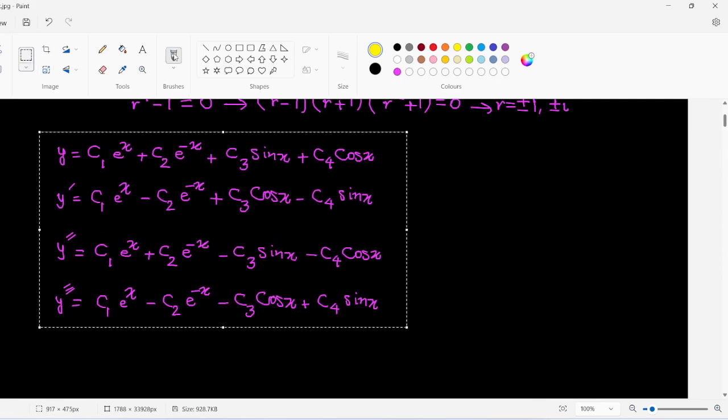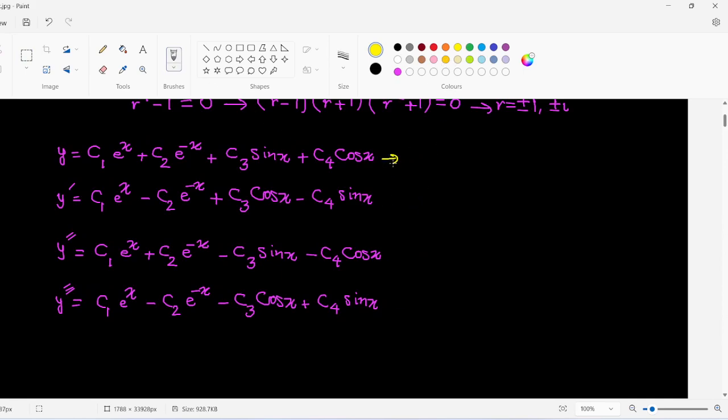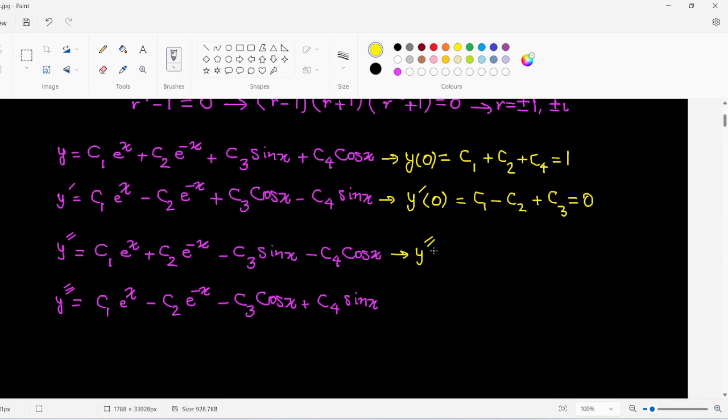Okay, so now we can get the 4 equations that we need for these 4 constants. y at 0, if we plug 0 into y for the value of x, we get y of 0 equal to c1 plus c2 plus c4, and that's equal to 1. y prime at 0 is c1 minus c2 plus c3, and that's equal to 0. y double prime at 0 is c1 plus c2 minus c4 equal to 0, and y triple prime at 0 is c1 minus c2 minus c3, which is also 0.